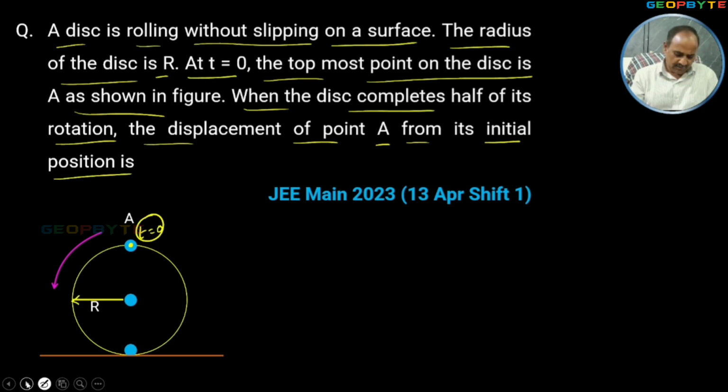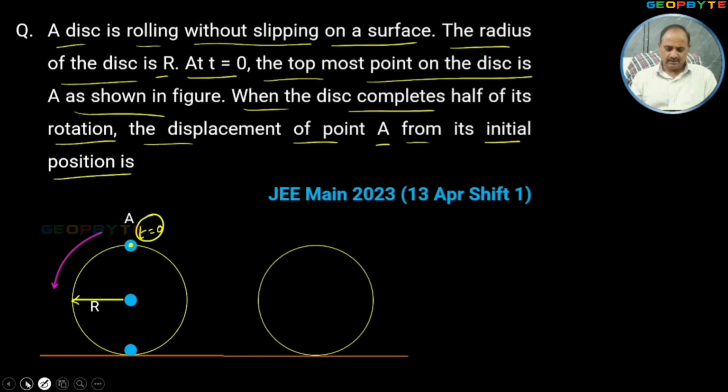For that, look at the point A location after half revolution. This is the point A location, right?